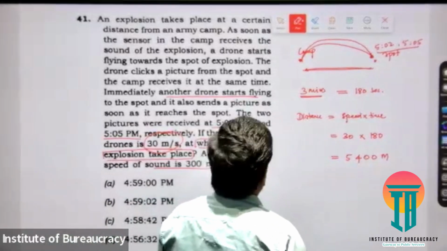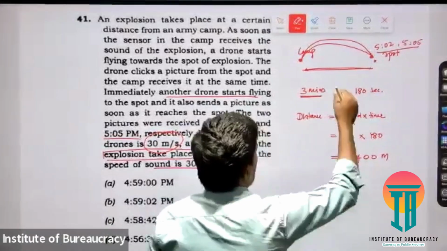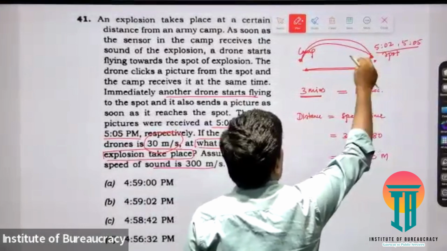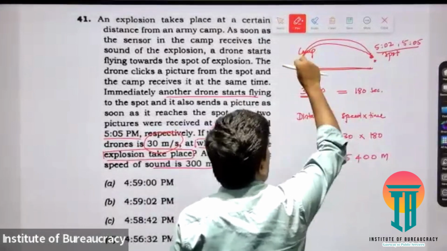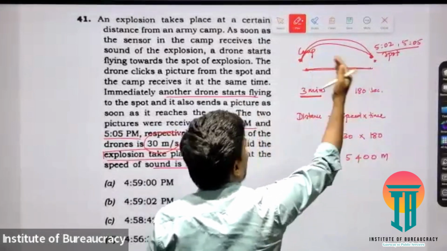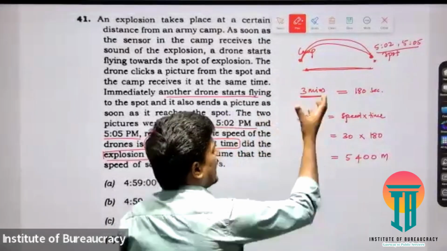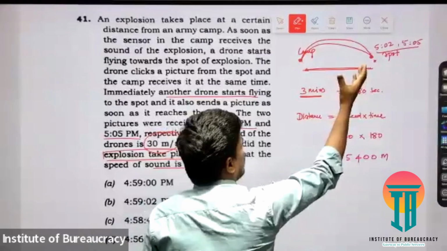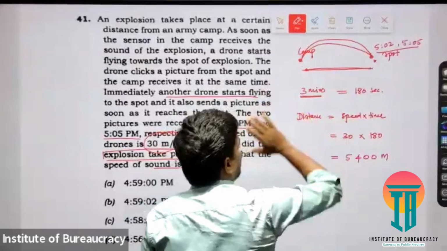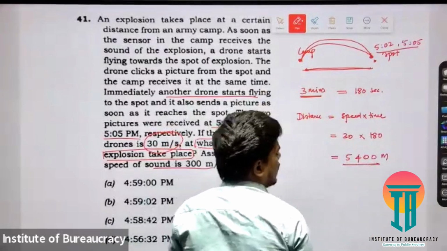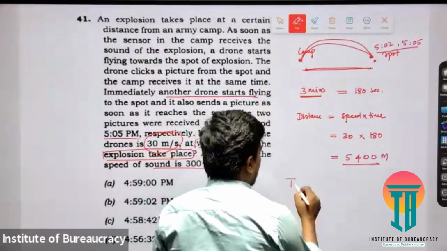Now, what is it that we have to find? If the explosion happens, the sound starts from here and will try to reach this camp. We have to find at what time it will reach this camp, the duration taken by the sound to reach from the spot to the camp. So it would have traveled 5,400 meter.